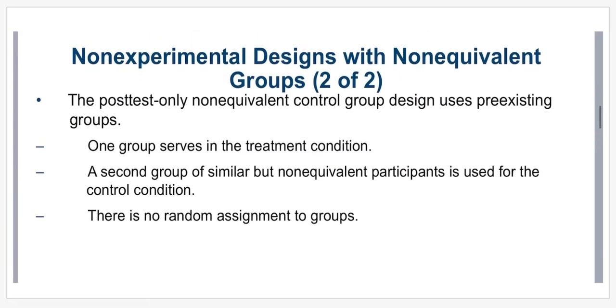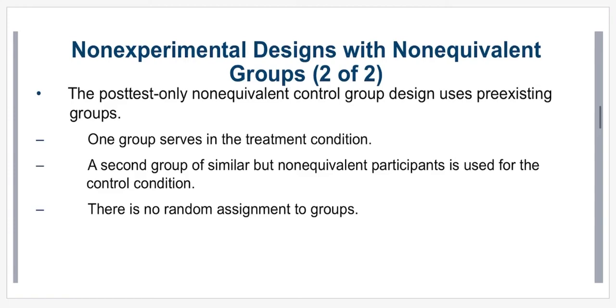Now, the second type of non-equivalent group design is a post-test only non-equivalent group design, okay? So again, we're still using pre-existing groups here because it's non-experimental, but instead of comparing a variable on pre-existing groups, a post-test only design is more in clinical research, where we're looking at a treatment condition.